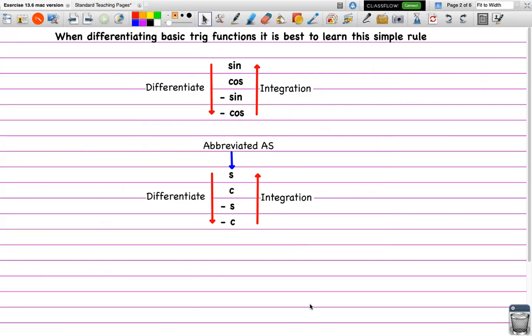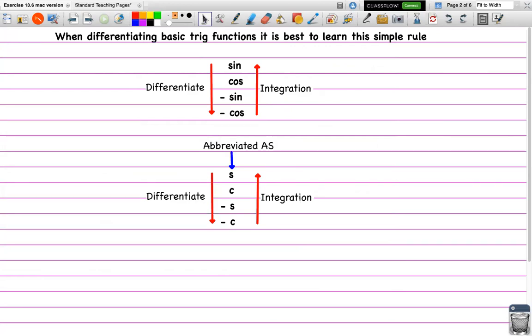When you differentiate basic trig functions, it is best to learn this simple rule. When you differentiate a sine, you'll get a cos. When you differentiate a cos, you get a minus sine. And when you differentiate a minus sine, you will get minus cos. When you differentiate minus cos, you go all the way back to the top and you get sine.